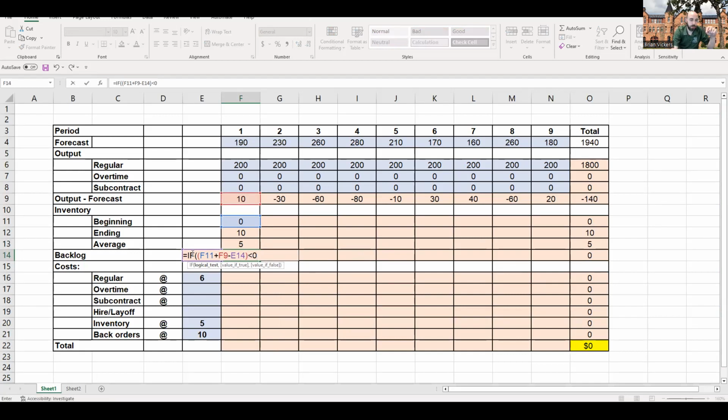Instead, I want it to show the absolute value of that number, meaning if that's negative 10, I want it to show 10 here because I would end with negative 10. I want to move that into my backlog as a positive 10.